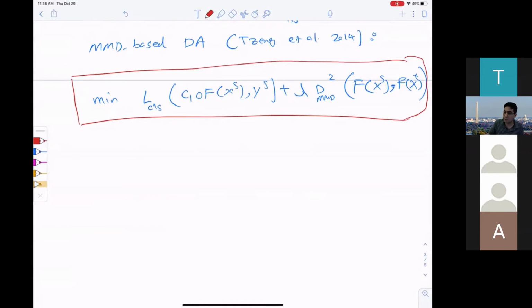But the question is, do we need to do that? Are there other distance measures that we can use without needing kernel functions? Because these functions are fixed, so they may not be able to represent proper distance measures between the distributions that we have. So can we use, for example, Wasserstein distance?